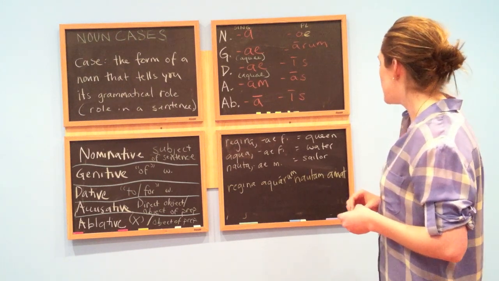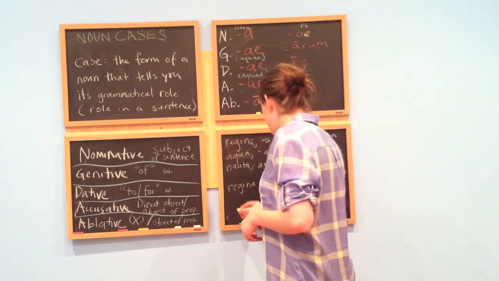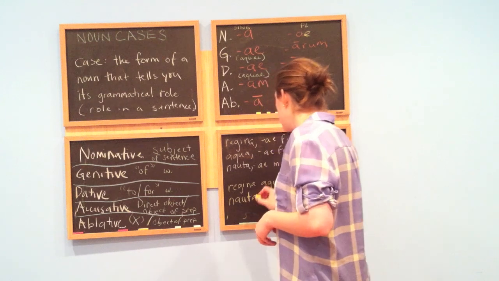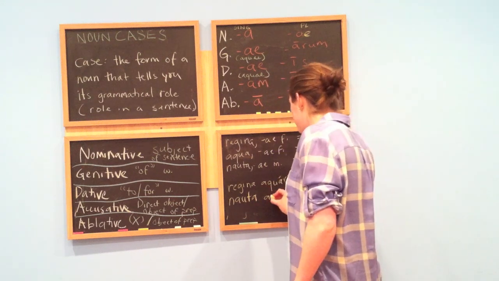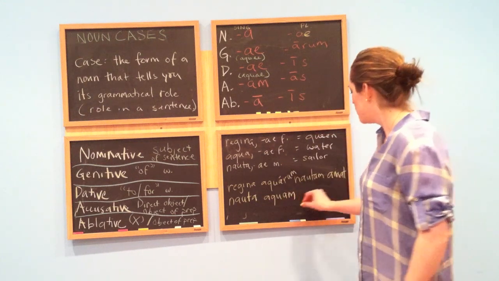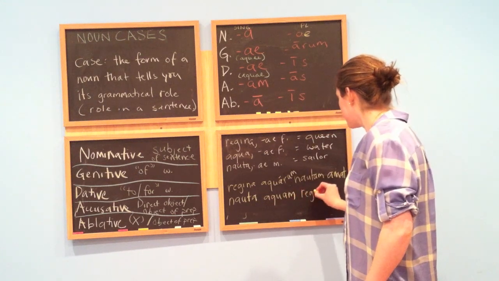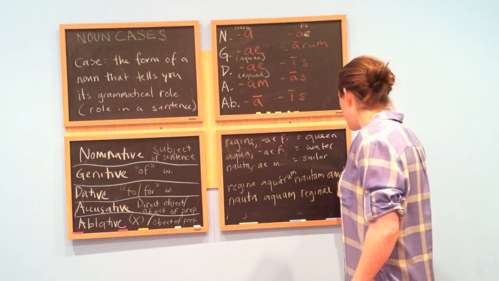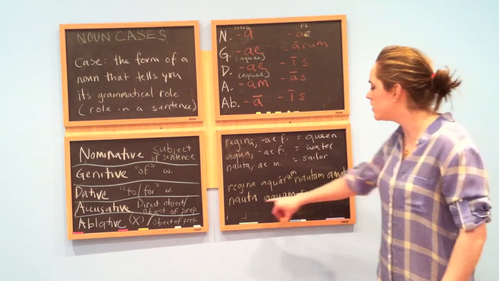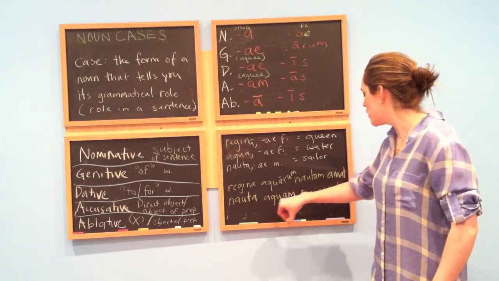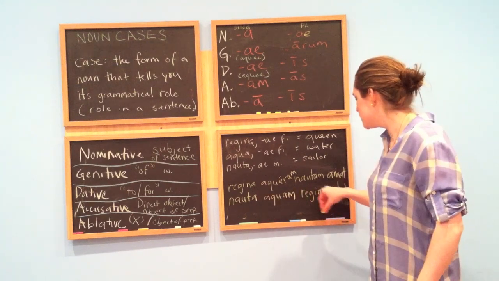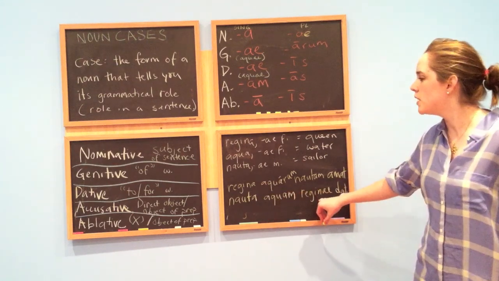Let's say that the sailor, nauta, as the subject, aquam, water, as the direct object, reginae, dat. Dat means gives. So I've written the sailor, water, to the queen, gives. The sailor gives water to the queen in the dative.